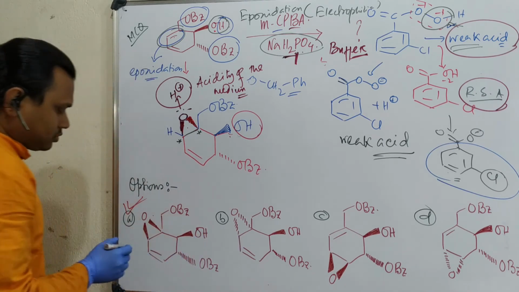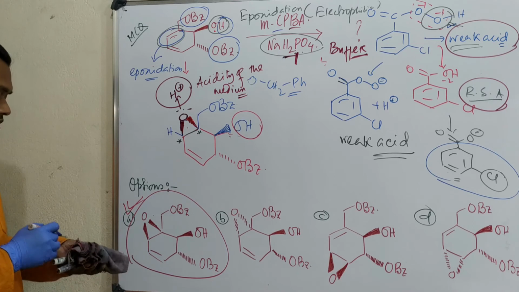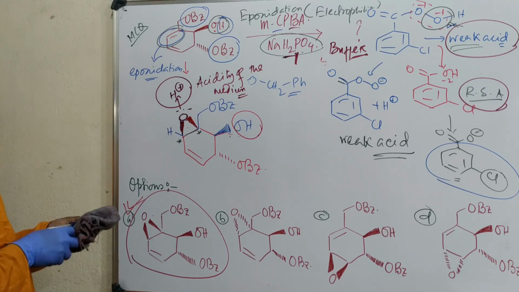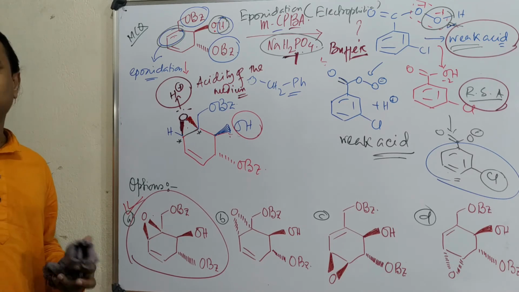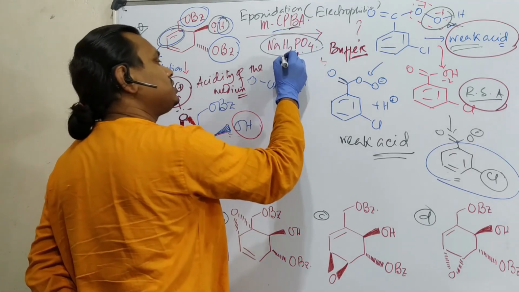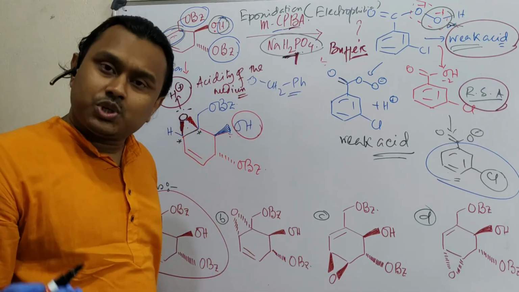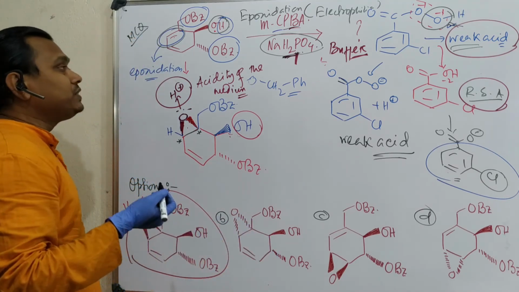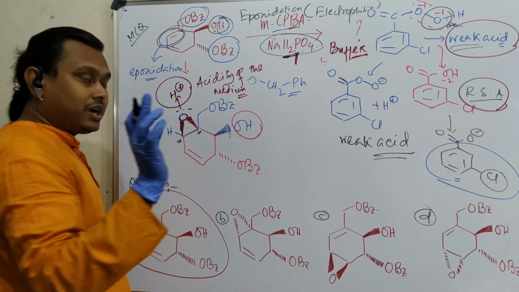So the answer of today's discussion, the solution is this. Now question is, if this question appears in your exam, how can you solve this problem in less than 30 seconds? First of all, students, you need to understand the condition m-CPBA, sodium phosphate and a base. So it is actually an epoxidation reaction. Now question, which bond? See, both bonds are almost equally electron rich, point number 1.